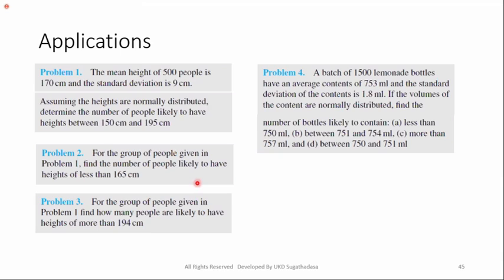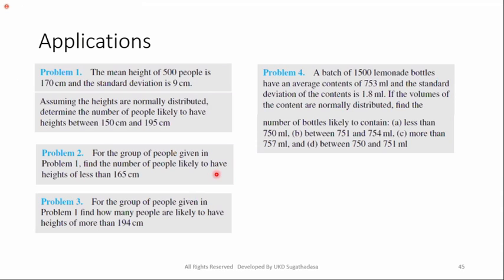You calculate and see. Just start: x greater than 195. That means z greater than, the x minus part is not necessary to write every time, just put z. Then z greater than 195 minus 170 divided by 9.